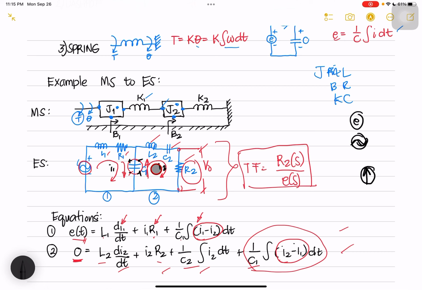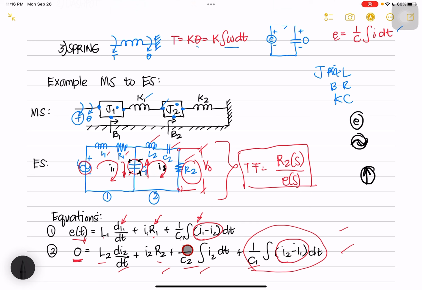Next, this second loop. 0. We have no sources here, no voltage source. It is equal to L2 di2 over dt, plus I2 R2. You'll notice these are all I2 because we're in the second loop.